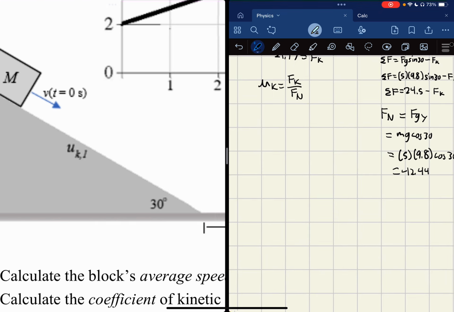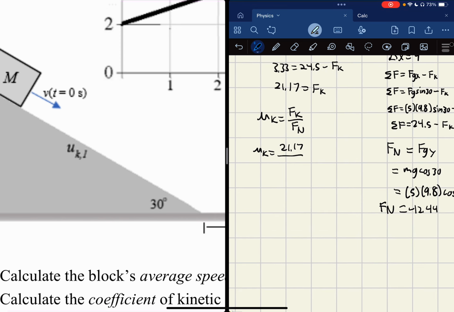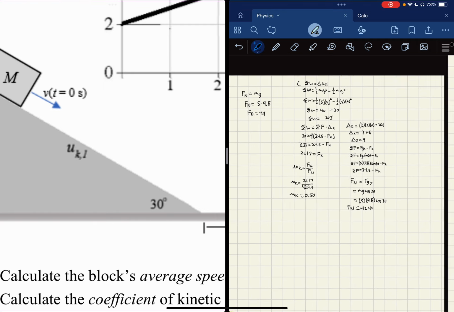That's what our Fn is equal to. From here, we can plug it in: Fk and Fn. mu K is equal to 21.17 all over 42.44. So mu K is equal to 0.50. And like mentioned before, mu K has no direction and no units.